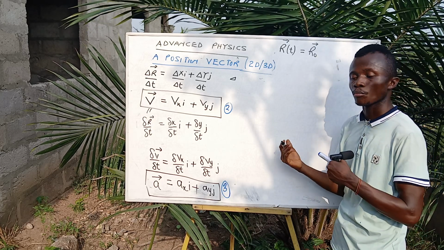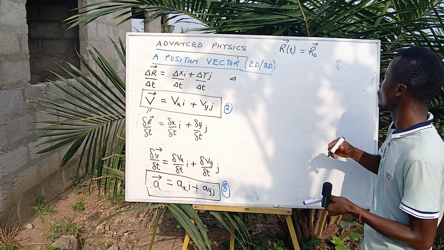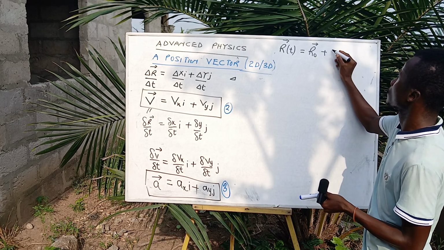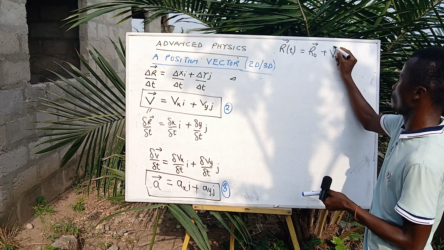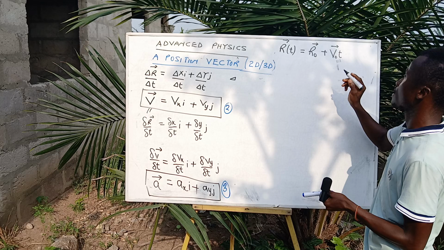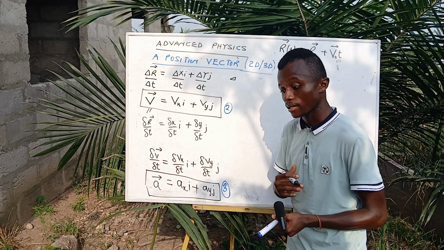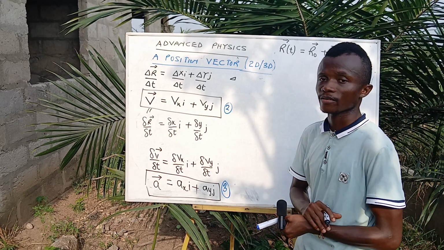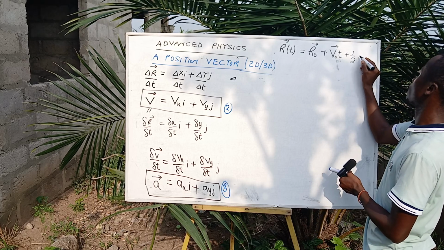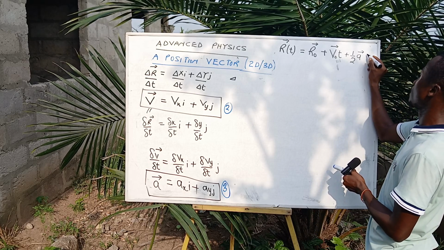So it has an x component and then a y component, then plus v naught, the initial velocity, which is a vector now, times t. T is not a vector, it is a scalar in non-relativistic physics. Then plus half a, which is a vector now, and then t squared.